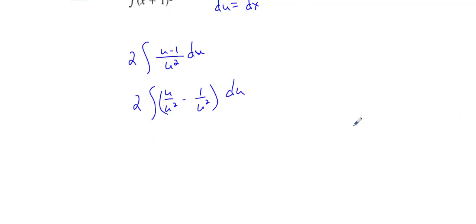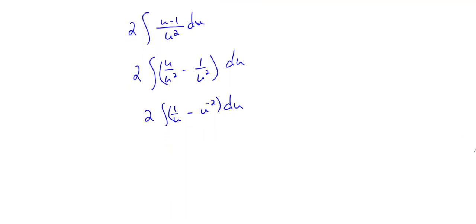And again, some of you guys might be able to simplify that without writing this step out. That's okay, I'm writing it out. That'd be 1 over u, correct? Minus, let's save a step and write u to the negative 2 power. Advanced moves. 2 times, let's say antiderivative of 1 over u.